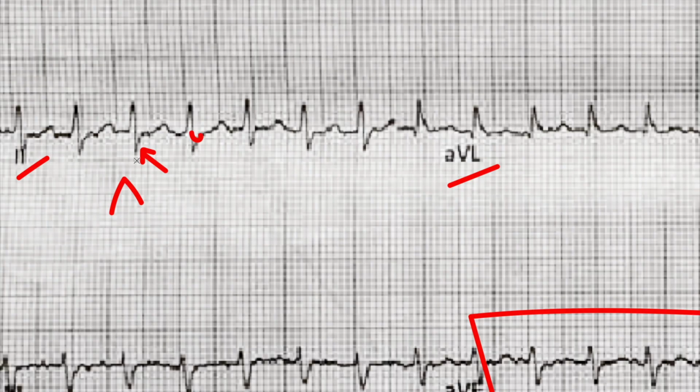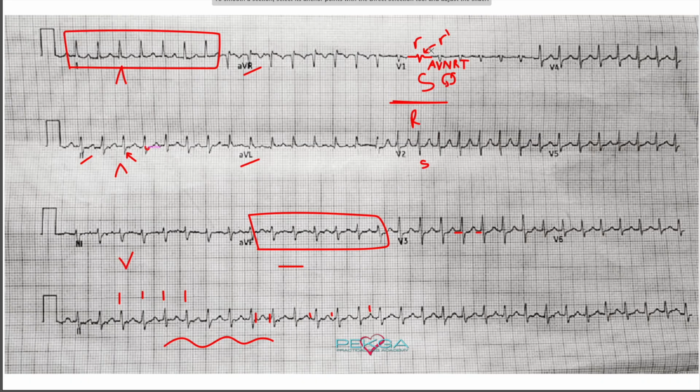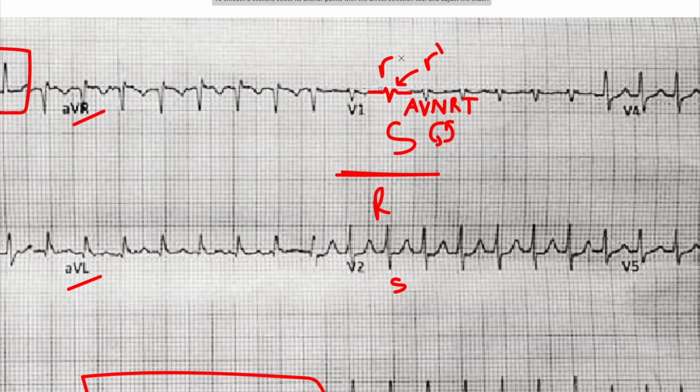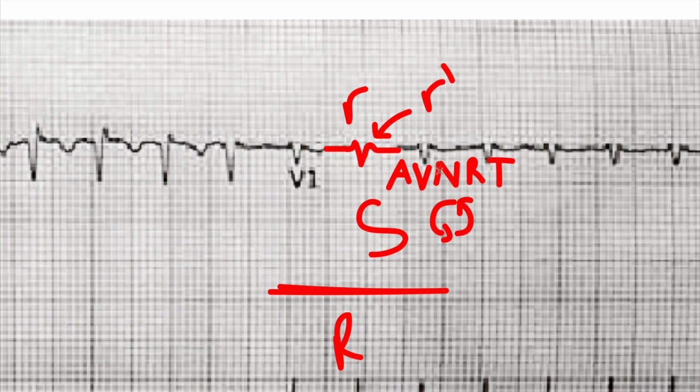However, this is a very sharp, very pronounced S wave. So it could be a combination of the pseudo S wave, or atrial depolarization, and a real S wave. However, this V1 is really telling me a whole lot more, and I am more inclined to call this AVNRT.